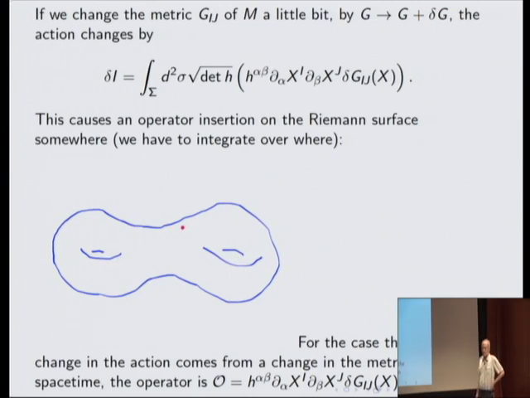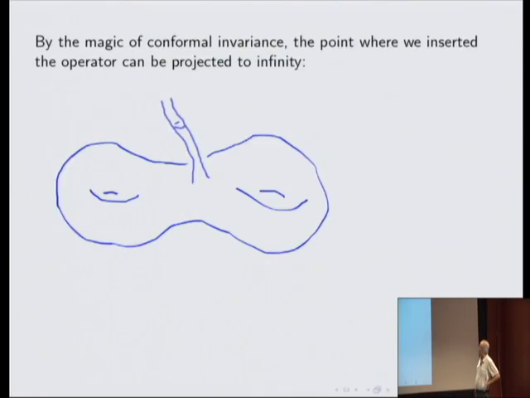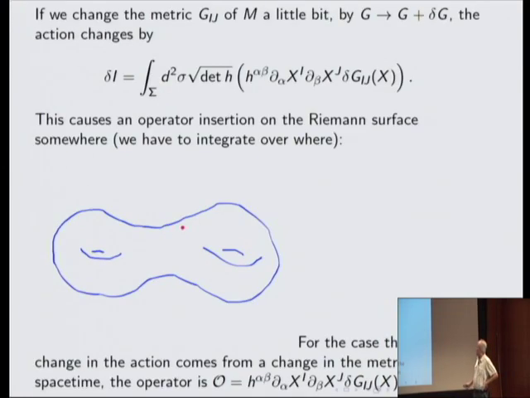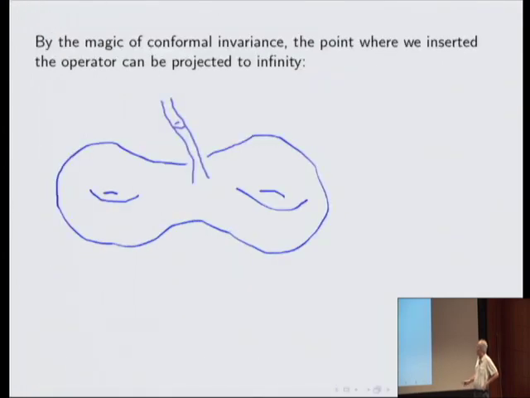Everything would have been true except for the important step, where this would be the integral of an operator over the Feynman graph, but an operator inserted at a point on a Feynman graph can't be converted into an external state because there isn't an operator-state correspondence for one-dimensional general relativity. It's a property of two-dimensional conformal field theory. The key step is that a point where an operator is inserted can be projected to infinity, to the end of a long tube where a string state propagates. That's why string theory describes gravity in spacetime.